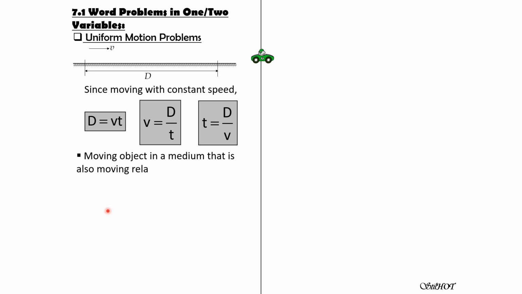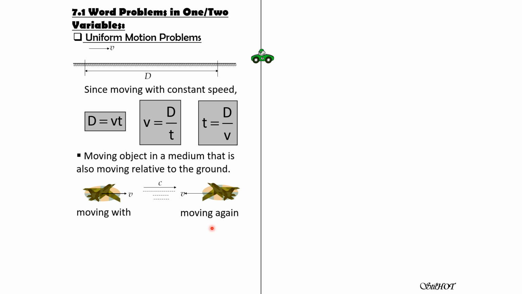If the airplane has a constant speed of v in still air, and it is moving with the wind, then we use the concept of effective rate or effective speed, R sub E. So we have here an airplane with a constant speed in still air of V, and the wind has a rate C. If the airplane moves with the wind, the effective speed would be V plus C. If it is moving against the wind, the effective speed would be V minus C. So moving with, and that is moving against.